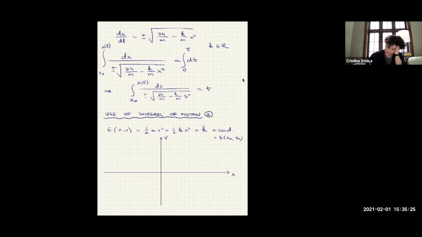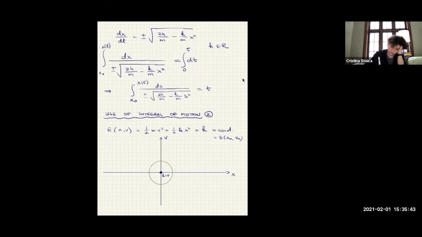So for instance, 0 corresponds to h equals 0, right? But then let's say h equals 1.